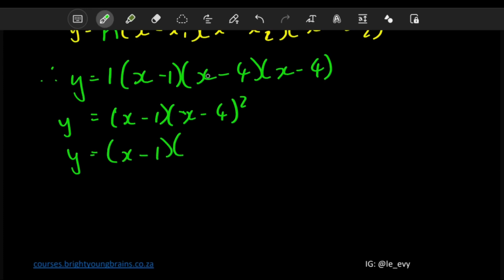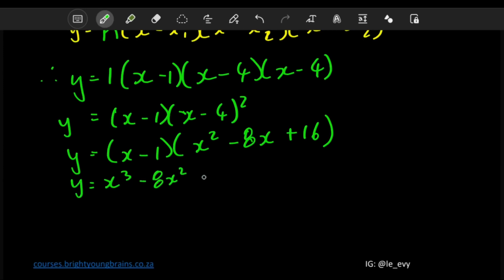And then here you can just break it down. Anyways, x times x would have been x squared. x times a negative 4 would have been negative 4x. And then another negative 4x would have given you negative 8x in the middle. And then here plus 16. Let's just multiply this entire bracket out. x times that is x cubed. This and that is negative 8x squared. This and the 16 is 16x.